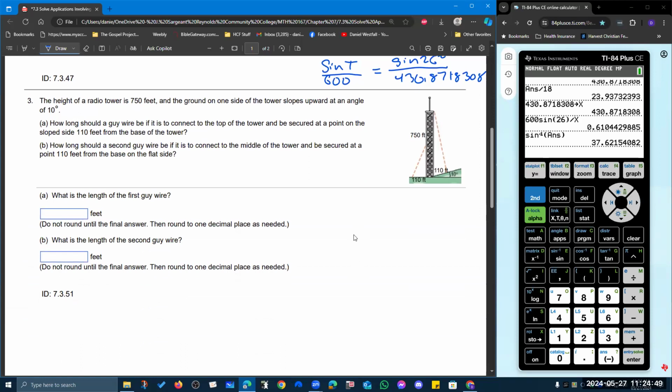Now the height of a radio tower is 750 feet, and the ground on one side of the tower slopes upward at an angle of 10 degrees here. So how long should the guy wire be that is connected from the top of the tower to be secured? So we have a triangle that is like this.